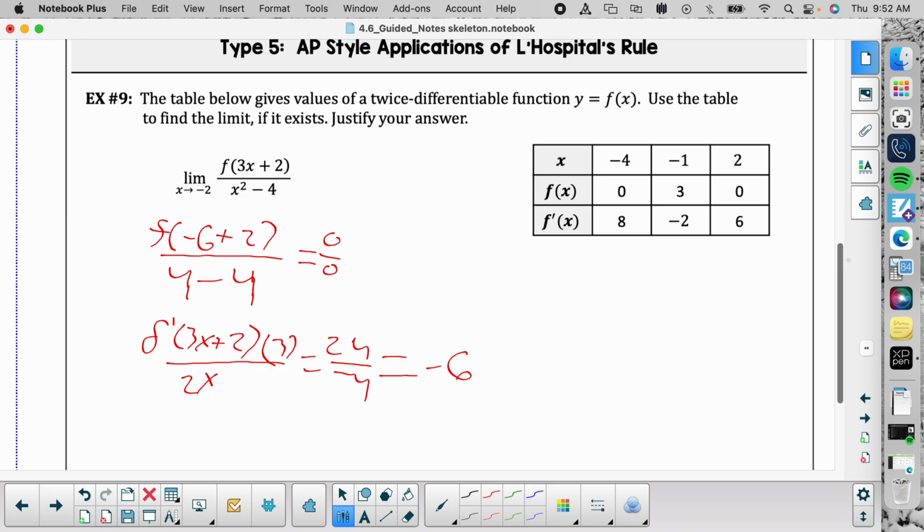Excellent. Obviously, the only reason I really wanted this example done is because you have to find your answers differently. The process is the same. You plug in the number to find out what you get. If it's indeterminate, you do the derivative. Doing the derivative of function notation generally means you're going to need to remember chain rule.